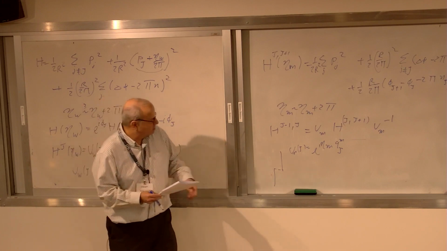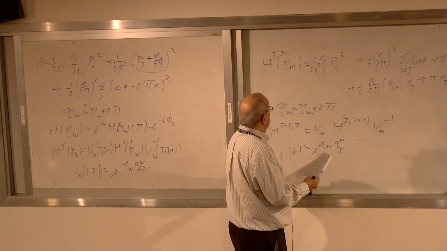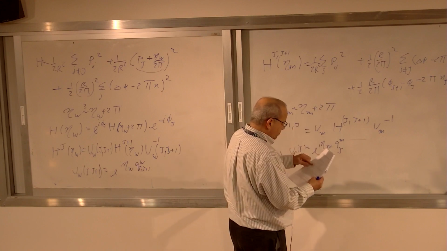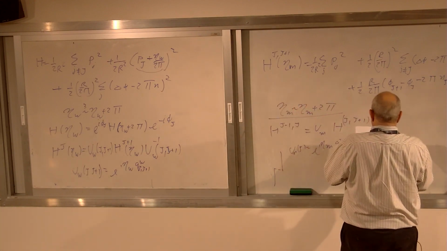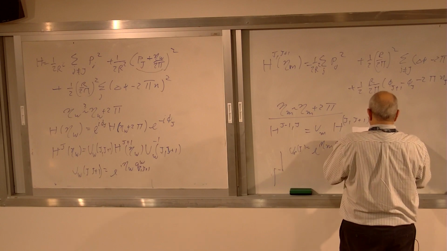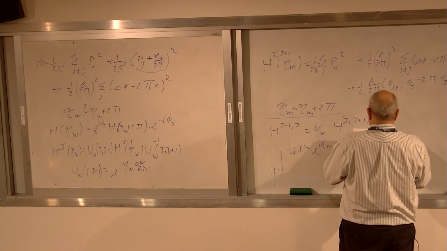Sorry, I misspoke. Yeah, this is the one that shifts it. I copied the wrong one from here. This is the one that shifts it. And the one that implements the shift by 2 pi, whoops, it's here.